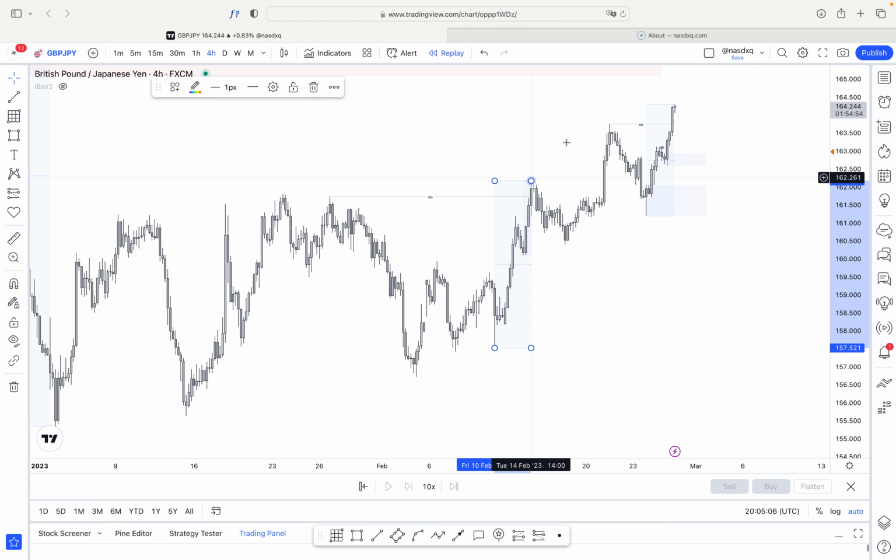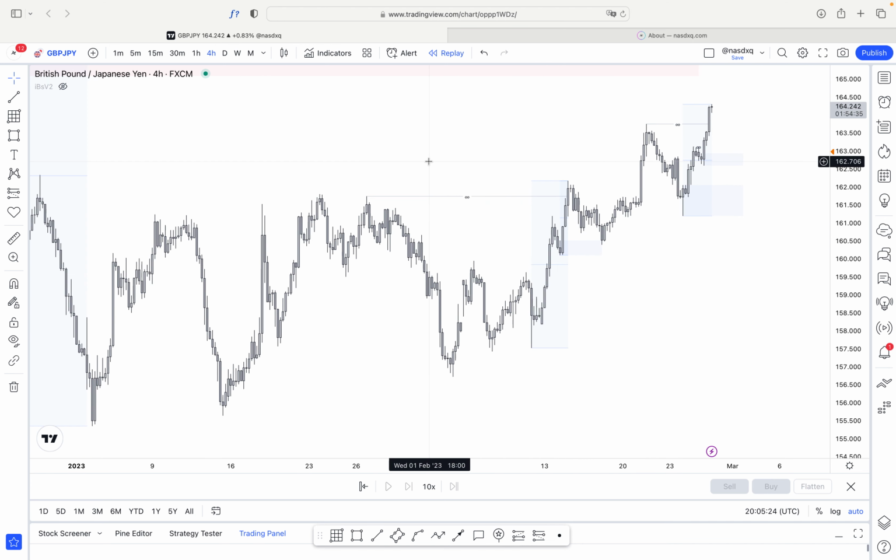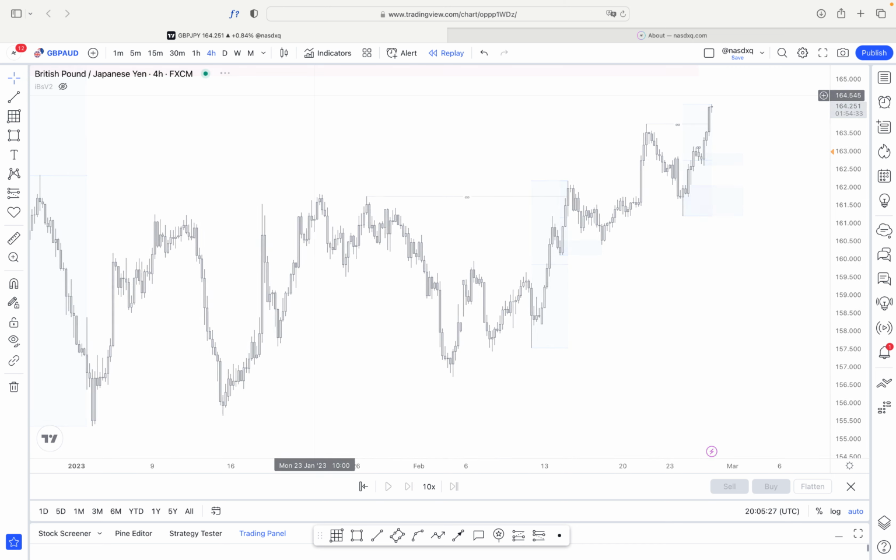As you can see, at this point we've got a nice little mitigation before moving higher. I wouldn't have got in on that personally. I'd maybe look at it, but it's very risky because it's not on the EQ of the GAN. So let's move on to another pair.